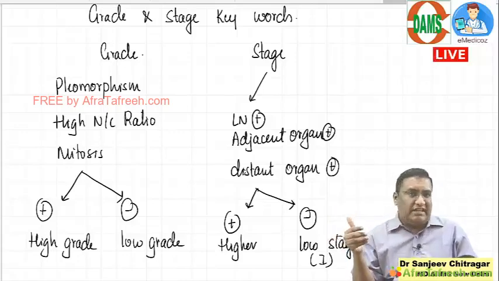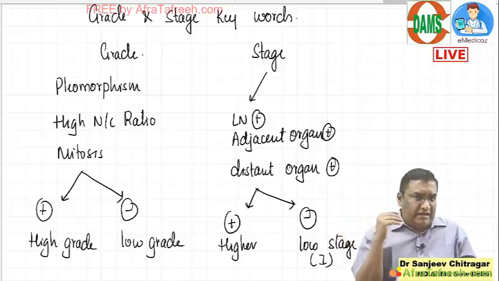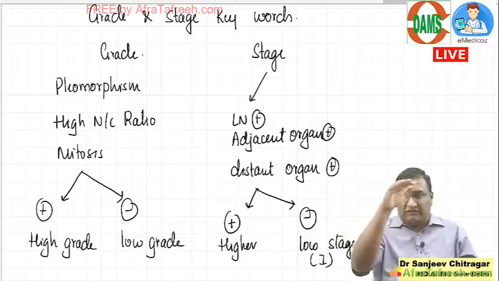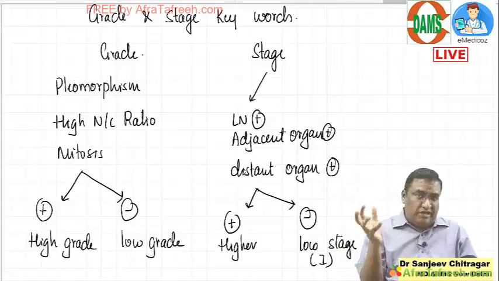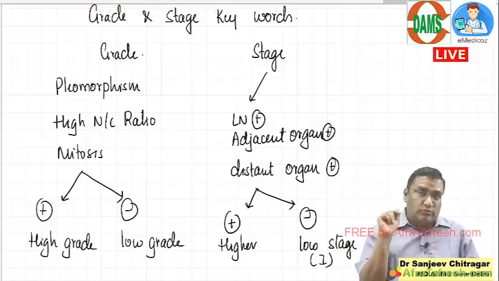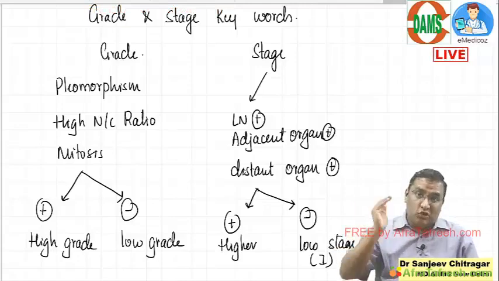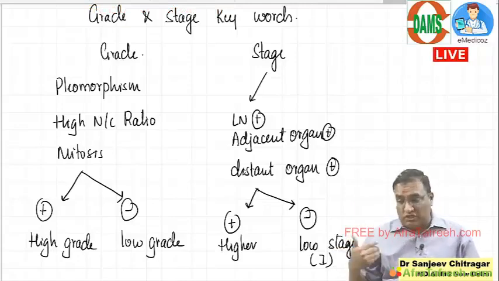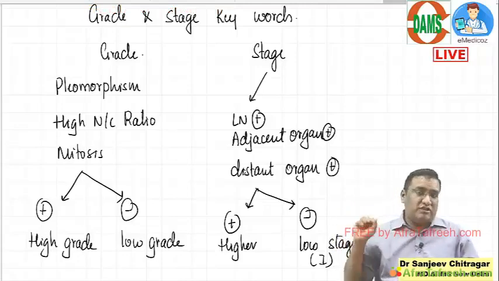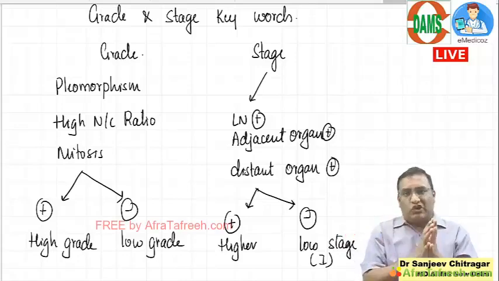So I will start thinking either this is a benign tumor totally. Yes, if there is no invasion, it's well encapsulated, no invasion, then I'll think of a benign tumor. If invasion was given, it's a malignant, but it's a low grade with a low stage because it has not metastasized anywhere. So this is how I'll be getting questions on general pathology.